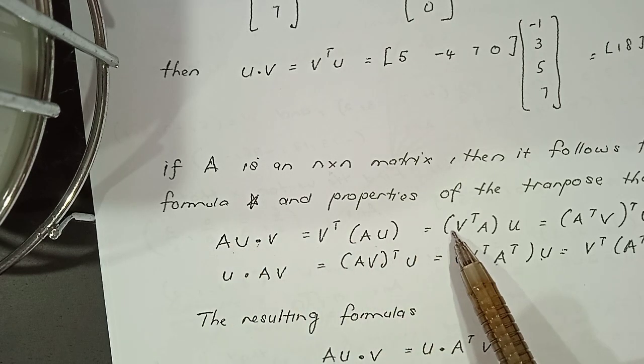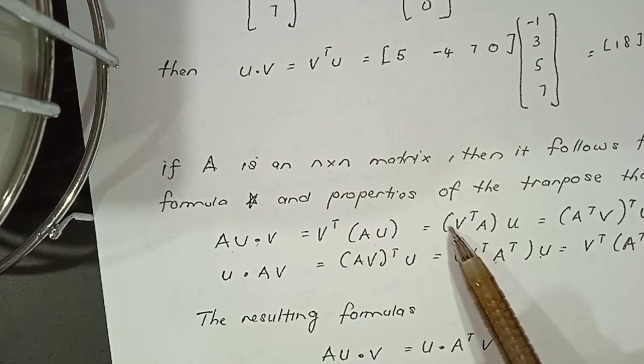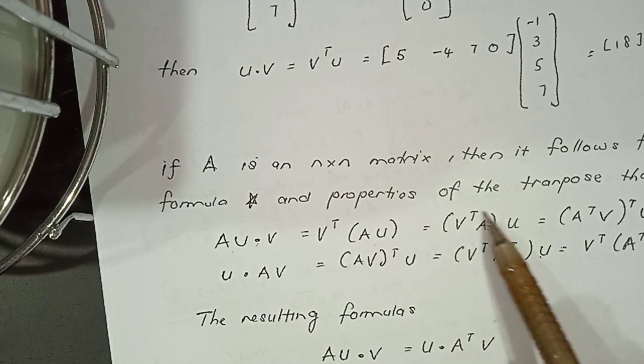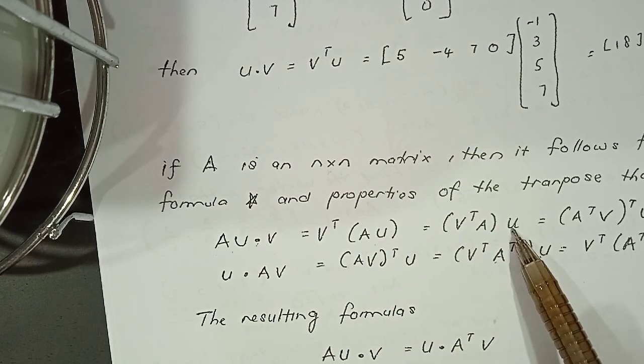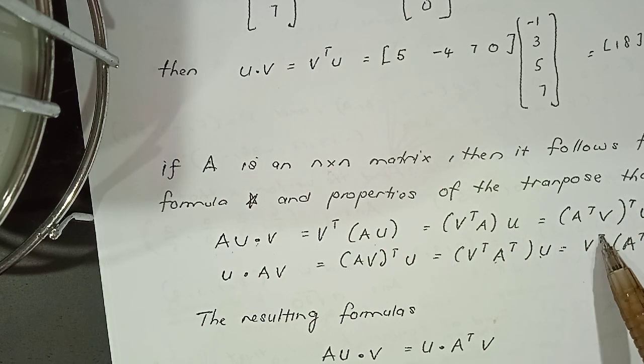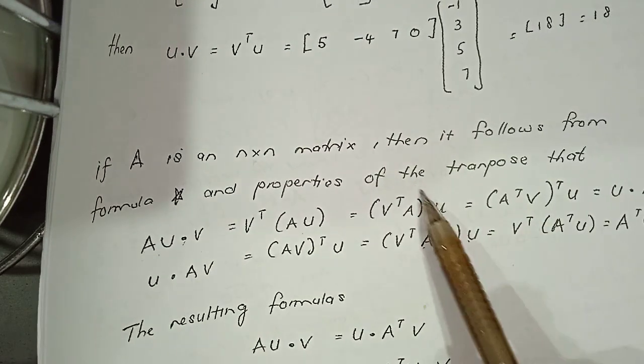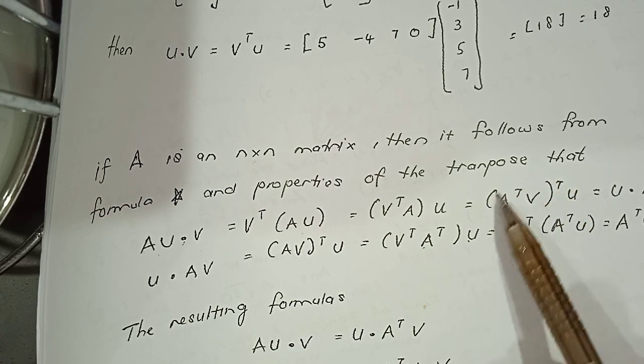Then we use the properties: do the operation for the first two first, followed by the operation on the last vector. Remember, the transpose properties are the same.